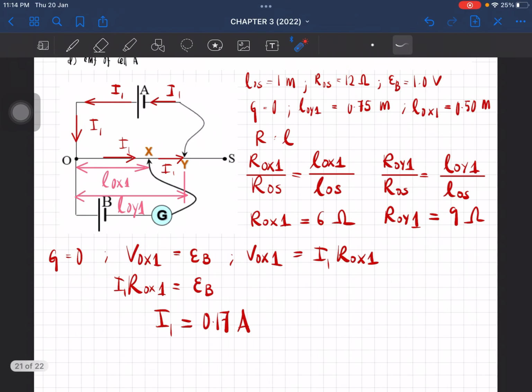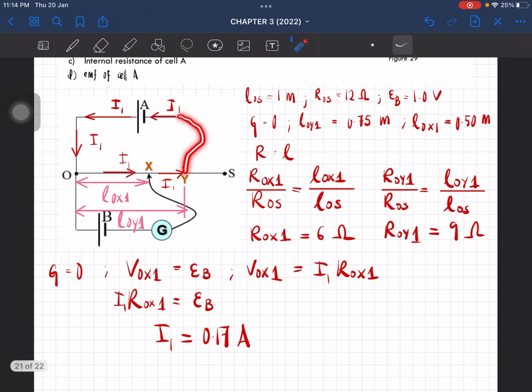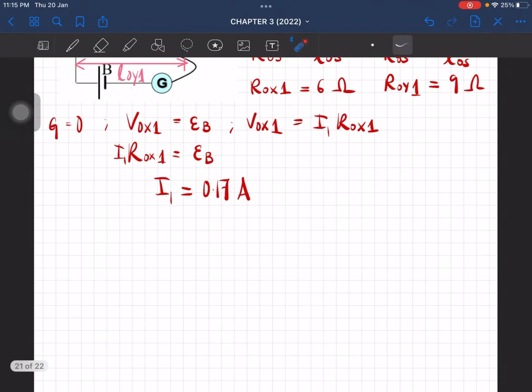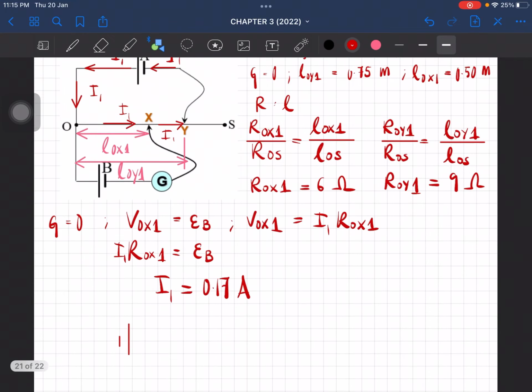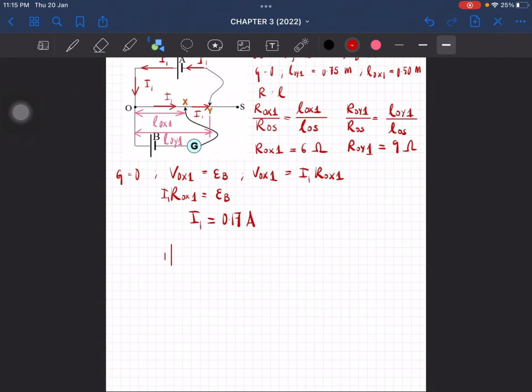After that, we look at when the jockey is now at point S. Now the jockey is at point S. Let me just redraw that. So we have G here.